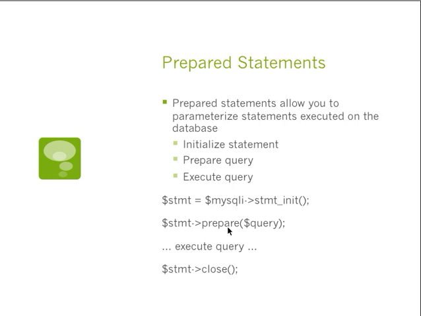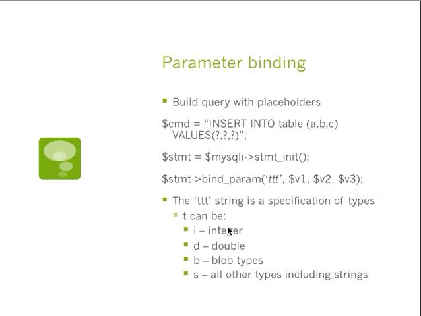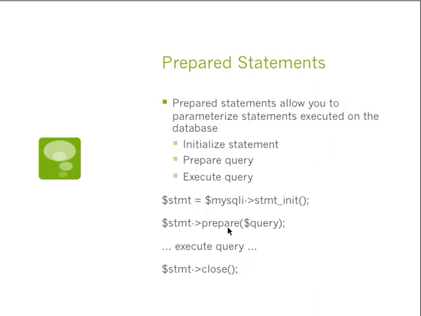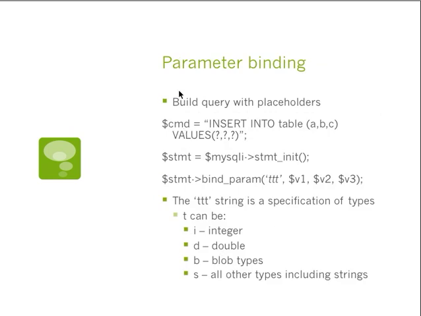Then eventually you execute the query, and then you'll close the statement. So let's take a look at an example. Part of what you need to do is be able to bind your parameters, and this is part of what's being done here. So you prepare your query and then you execute it, and part of the execution of it is preparing and doing the bindings and then executing the query. So let's take a look at this example.